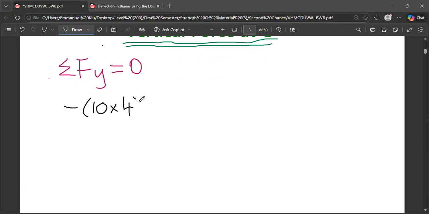Okay, just as I showed you initially, plus RC, or let me say vertical force at C, times 6. Okay, that is the whole span.